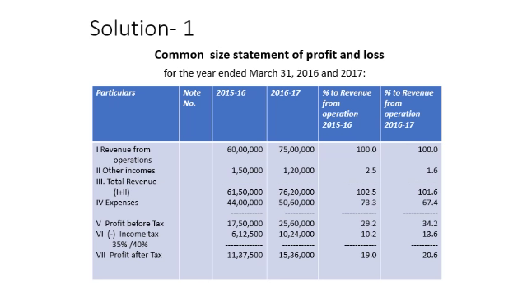You have to focus on one thing more. The question is leading: if you derive 100% from the revenue, then 2.5 is your other income. So the total income is 102.5, and the total expense is 73.3 in percentage form. Then the profit is only 29.2 over the revenue from operation, and then tax is 10.2.